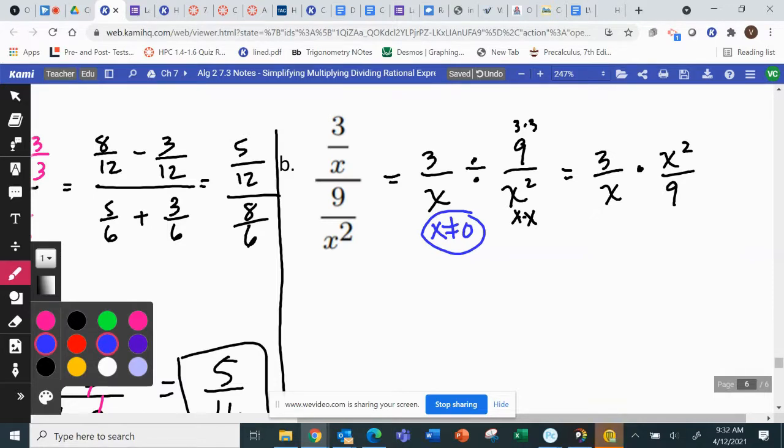Sierra, do you know what I do now? I will, but I like to do something before I do that. Do you know what the other thing I have to do besides multiply straight across? I do have to do that, but do you know what else I need to do?